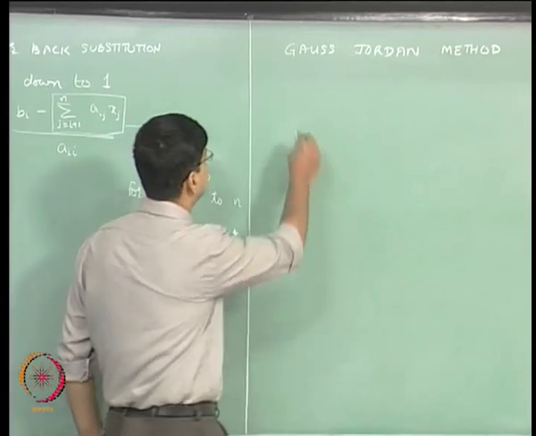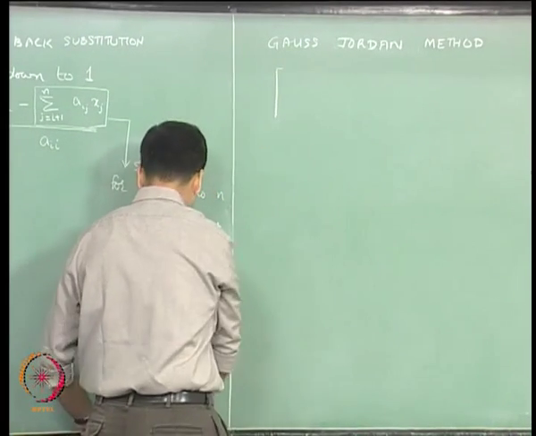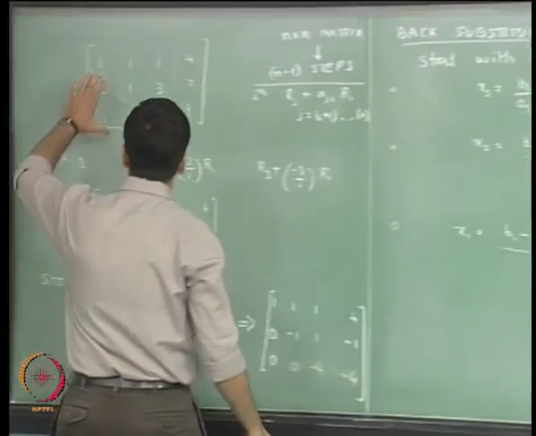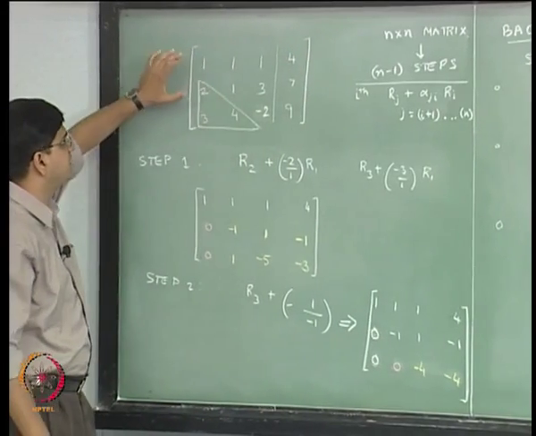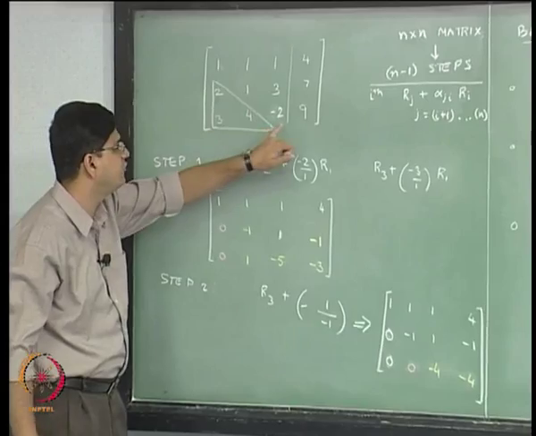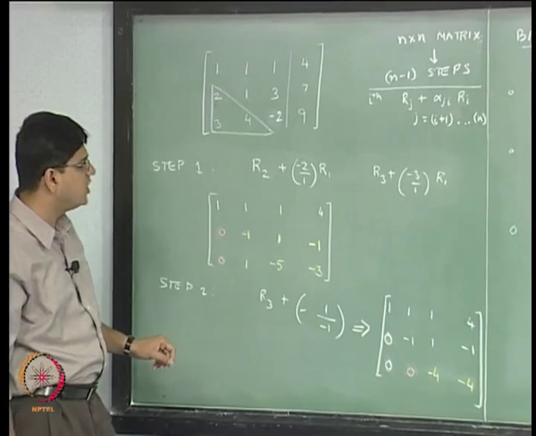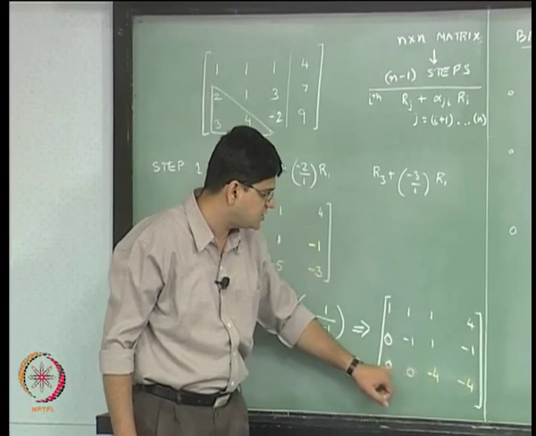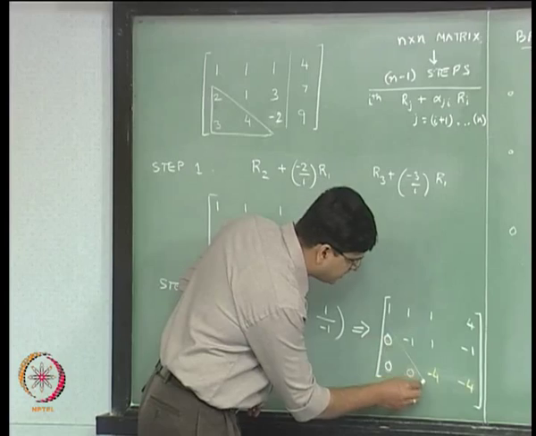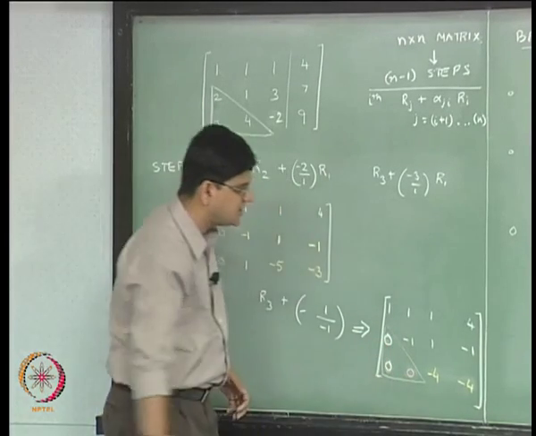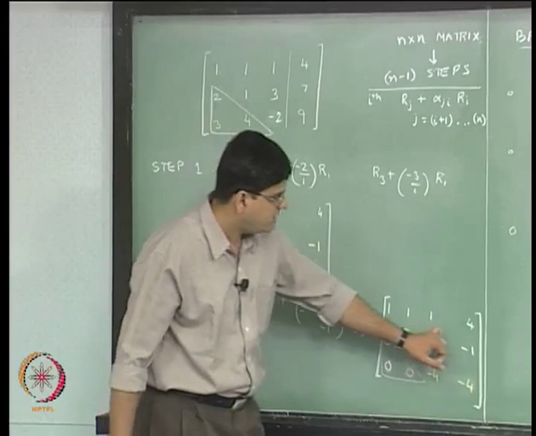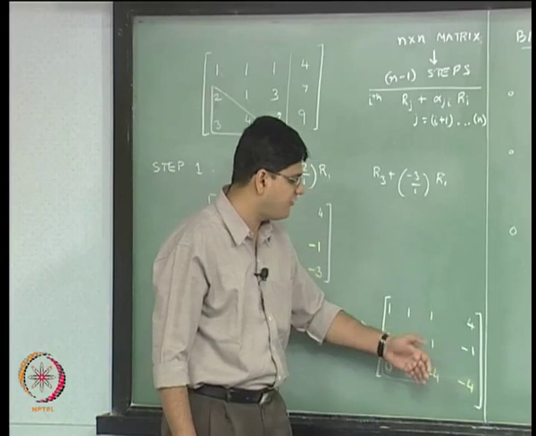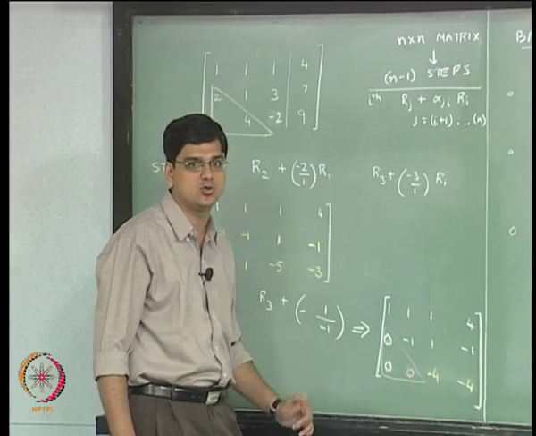For example, when we started with this original matrix 1 1 1, 2 1 3, 3 4 minus 2, at the end of the Gauss elimination step we ended up with the matrix 1 1 1, 0 minus 1 minus 1, 0 0 minus 4, which basically meant that we converted these entries into zeros, using only the ith row in order to change the values of row i plus 1, i plus 2 and so on up to row n.